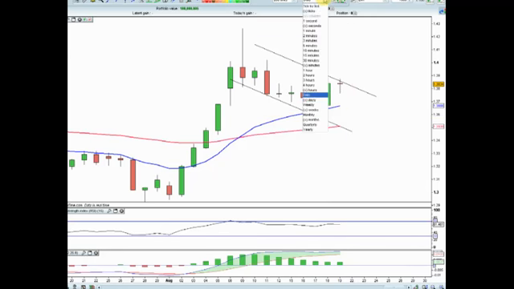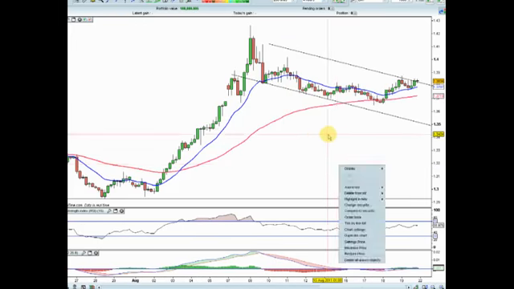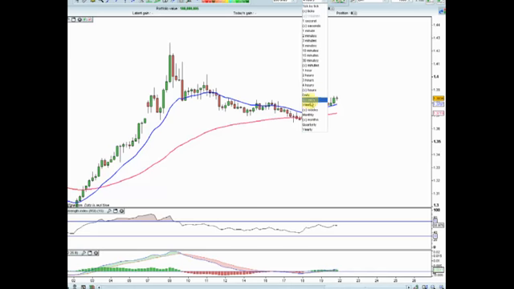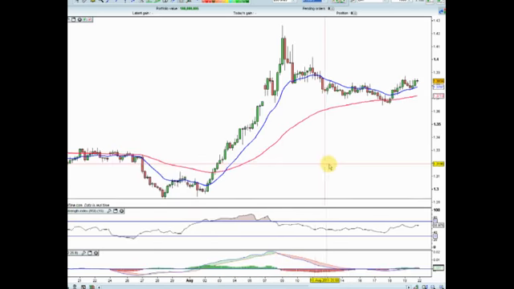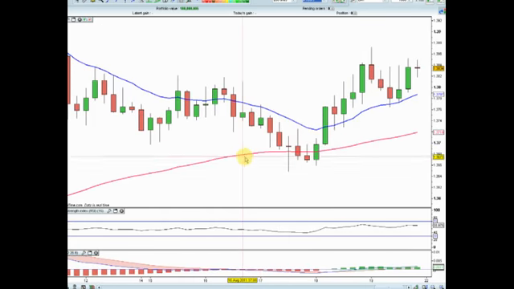Okay, so we go down to 4 hours, and this is how I do a lot of my analysis. So I'm breaking it down through time frames. So I then take it down to 4 hours. Okay, I'm just going to get rid of the flag. And then I'm looking for signals on this 4-hour chart of a possible base. For that I want reversal candles.